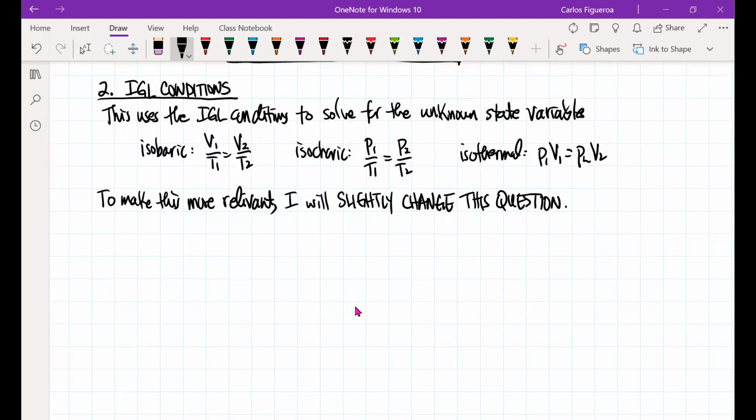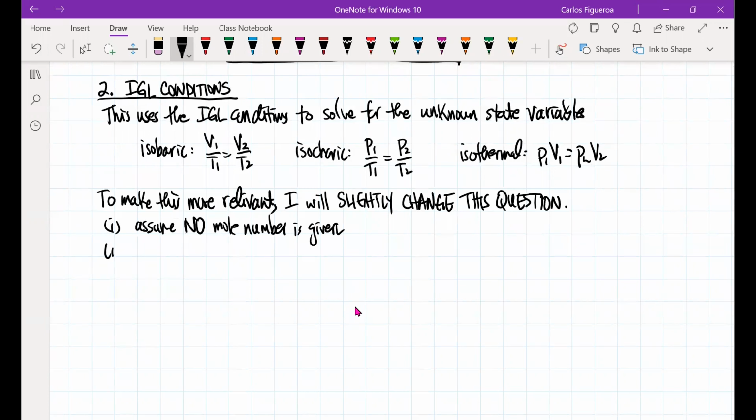And here's what I'm going to do. First thing I'm going to do here is that assume no mole number is given at all. So there's no way you can calculate it.